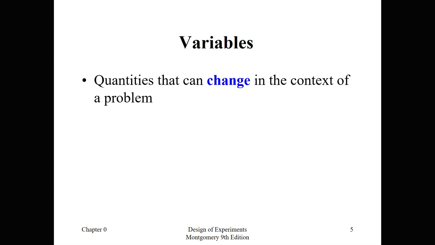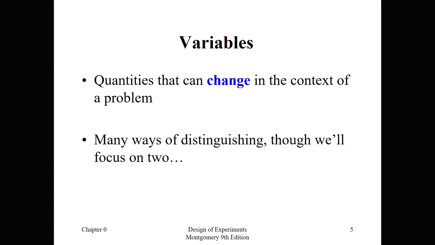So every animal that I get would have a variable label of cat or dog. So animal is also a variable, and that can change in the context of the problem, even though it doesn't necessarily change randomly.